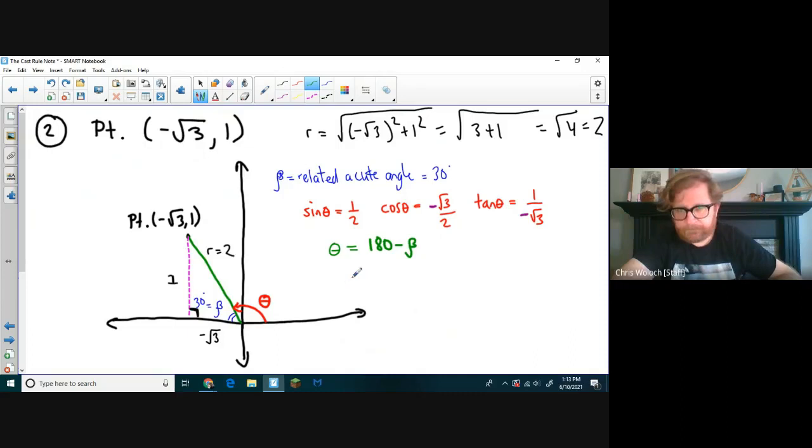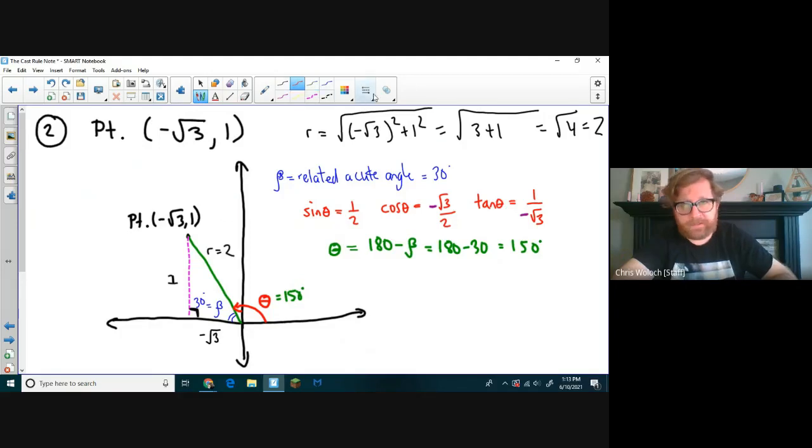That's 180 minus 30, which is 150. This makes sense: is 150 in quadrant 2? Yes. So I feel good about that.